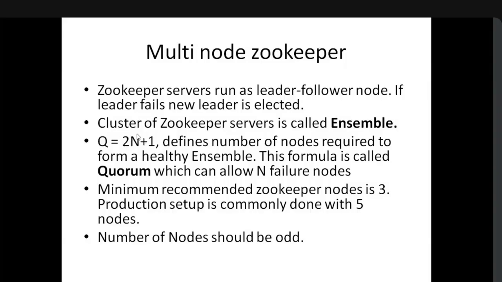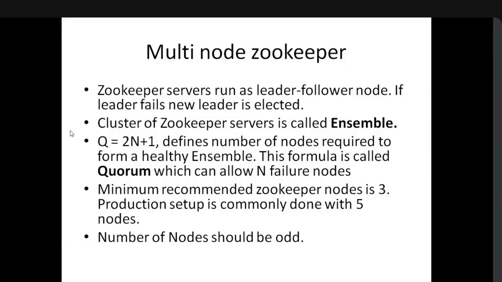Similarly, if you want 2 node failures tolerated, then you give the value 2 here. So 2 times 2 is 4, plus 1, 5. We need to create a 5 node zookeeper cluster. So a 5 node zookeeper cluster can tolerate 2 failures, meaning 2 nodes go down and it will still survive.